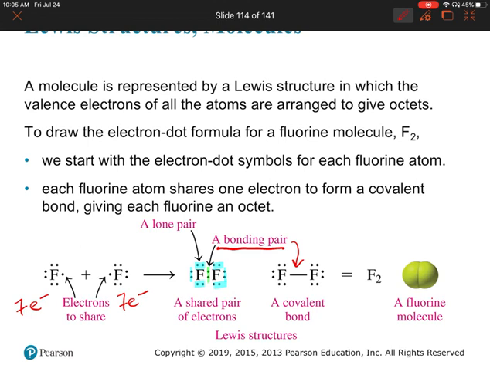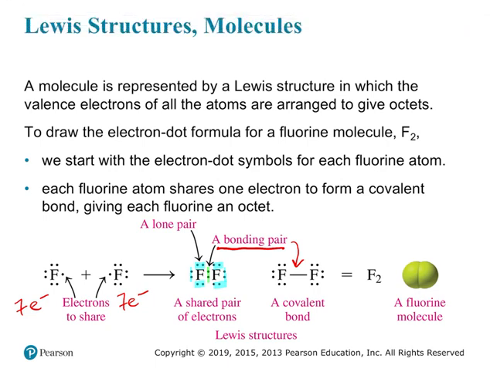All right, so then we have our fluorine molecule. Now, you might have noticed throughout this quarter that there are some elements that are always found in a pair, like oxygen. And now we can see fluorine and hydrogen are also found in pairs.